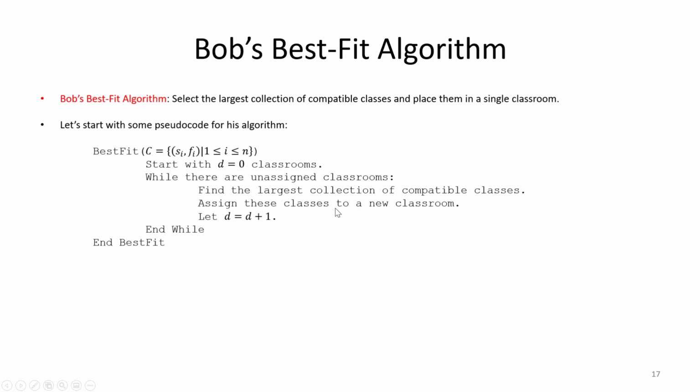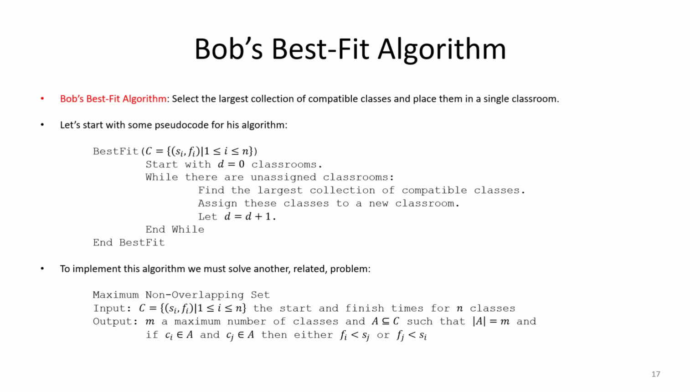And I haven't included in the pseudocode the possibility that we might want to pre-sort our set of classes, which means even if this is n and n squared, we might be spending n squared operations or n log n operations just to sort our set of classes to start out with.